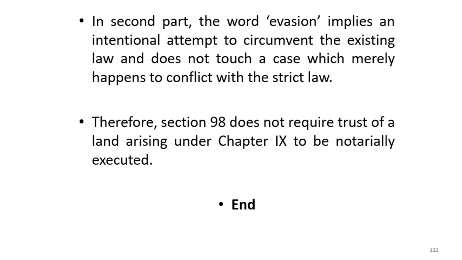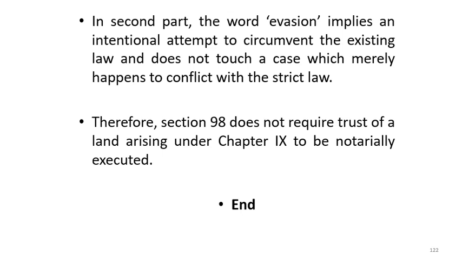Finally, we have completed constructive trusts under chapter 9 of the Trusts Ordinance. Now we have studied section 82 to 98. More or less we can say section 82 is the introduction to chapter 9.